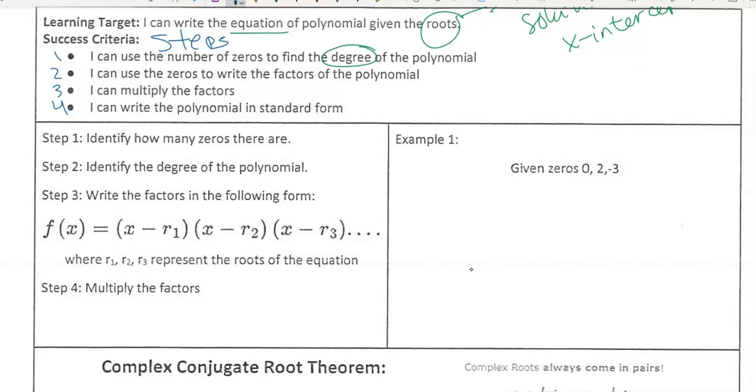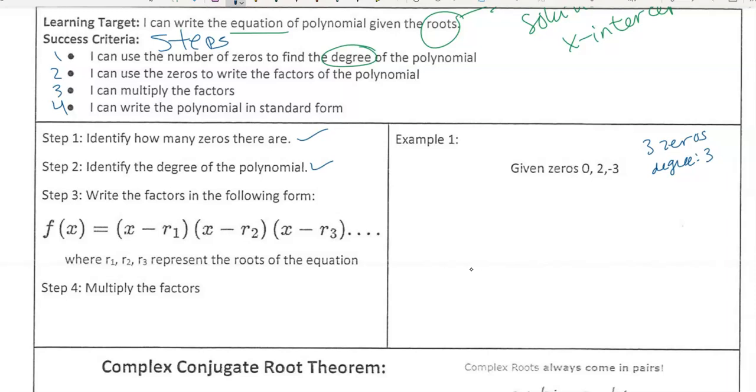All right, so starting with example 1. Here's our steps to the side. It says identify how many zeros there are. How many zeros are here? 3. Yeah, there are 3 zeros. So what do you think the degree of our polynomial is going to be? If you said 3, you're right. So next says identify the degree. We did that. Write the factors in the following form.